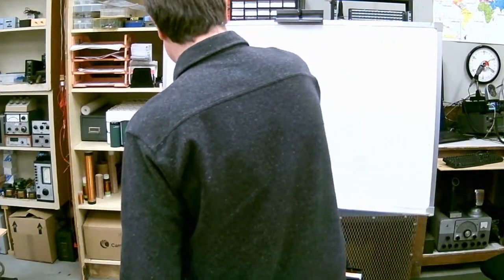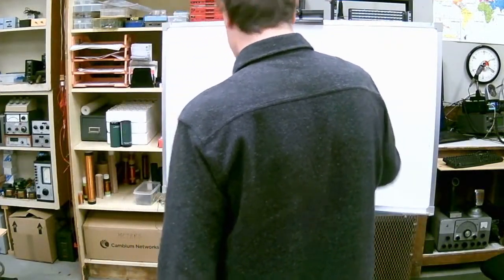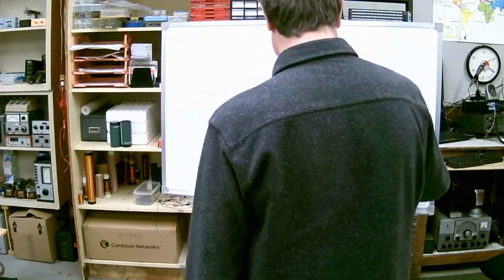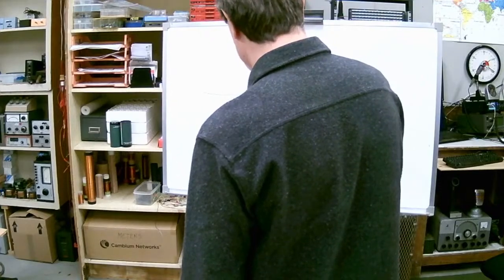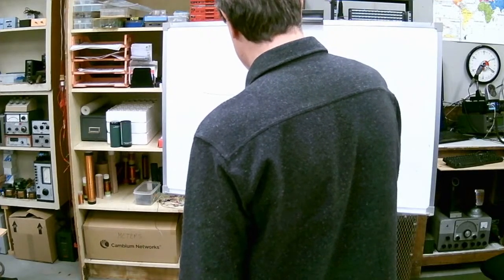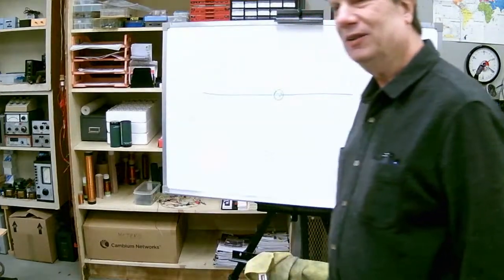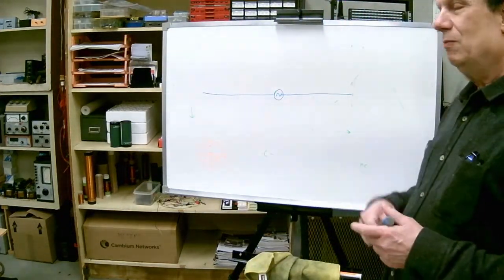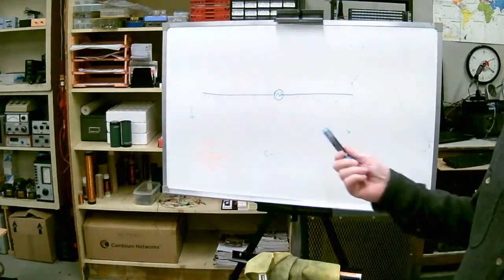If we take a piece of wire and break it in the middle, and put a generator right here, an AC generator, and we apply some AC voltage at that point.